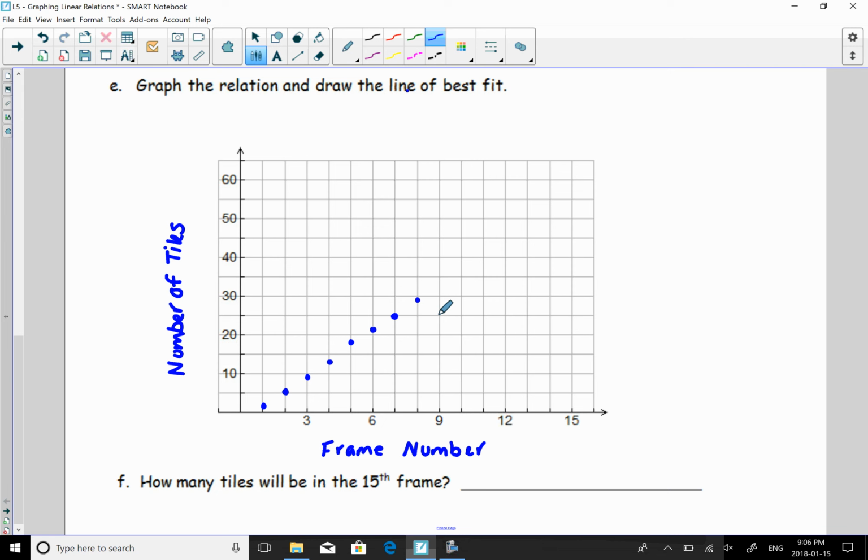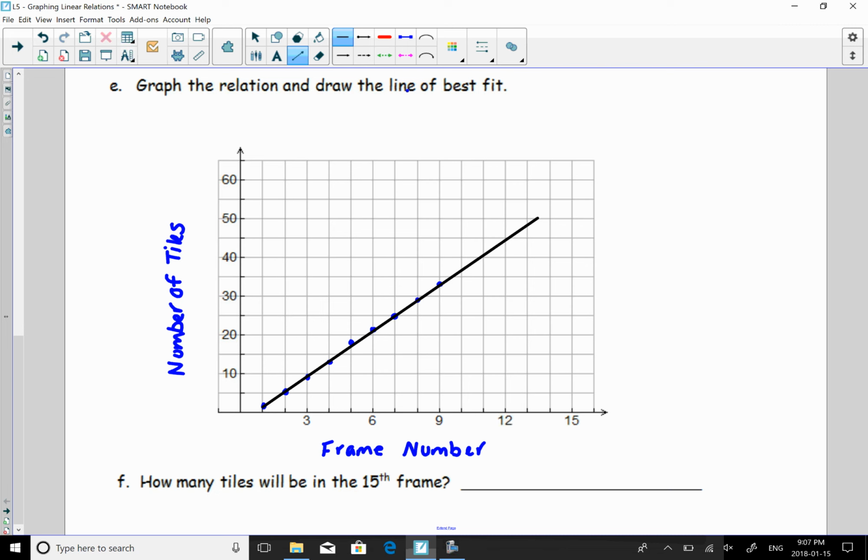And 9 and 33. So you can see the points all connect in a nice line.